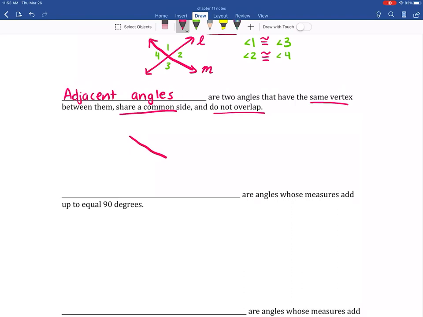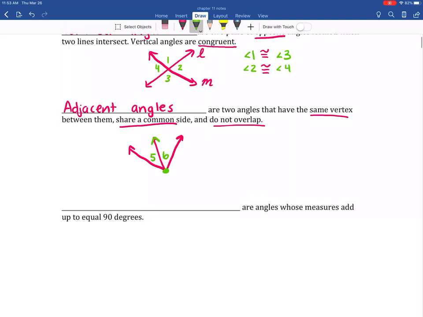So if I were to draw out a picture like this, I have two angles, angle 5 and angle 6. They share this common vertex and they share this common side, but they don't overlap. They both have their own space. So I would say angle 5 and angle 6 are adjacent. And again, I said when you think adjacent, think of the words next to.